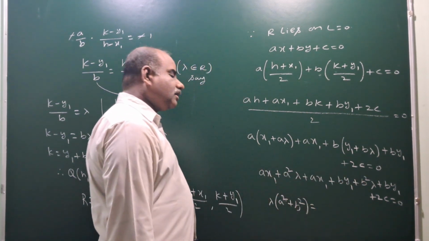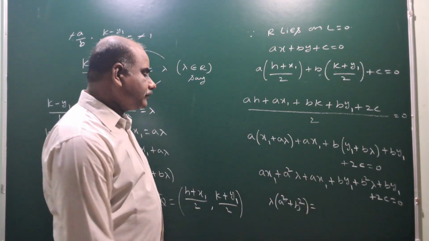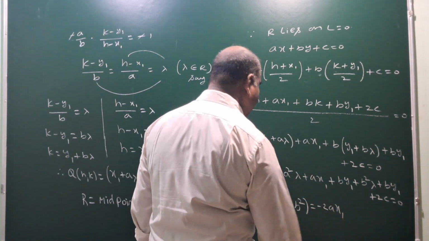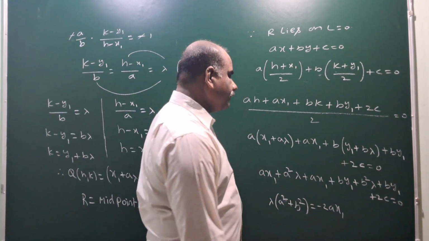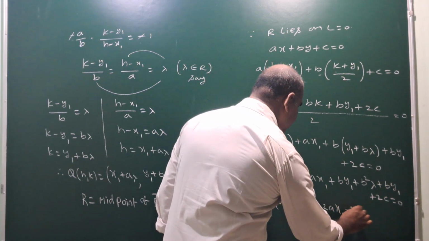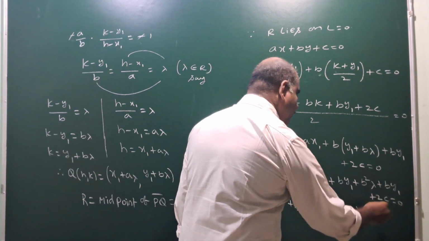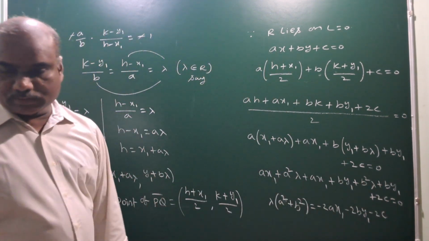And all remaining terms transpose to right side. Here AX1, AX1, 2AX1. So if it goes to right side, it becomes minus 2AX1. Also BY1 plus BY1, 2BY1. If it goes to right side, it becomes minus 2BY1. And 2C becomes minus 2C. Okay. Let us see continuation.